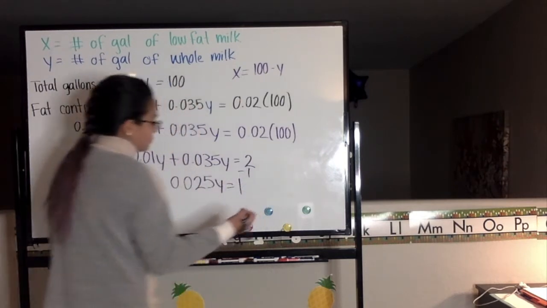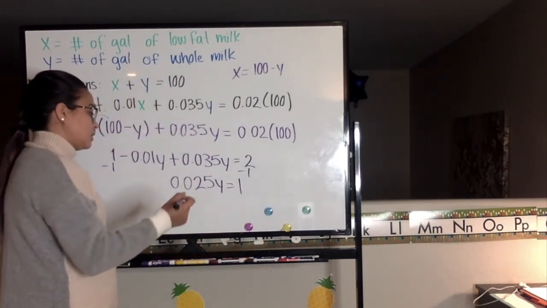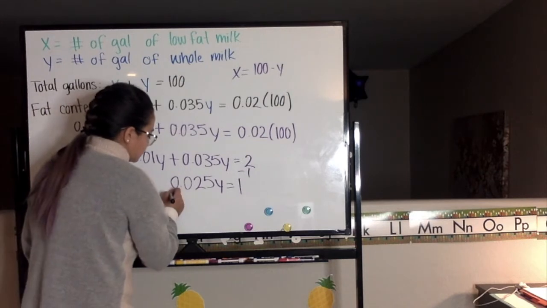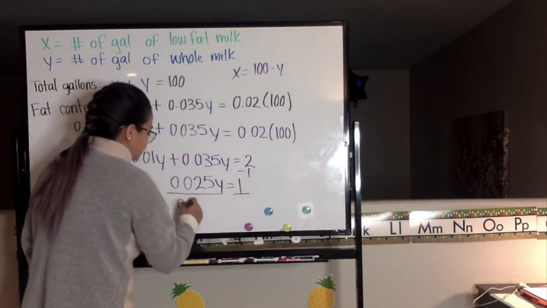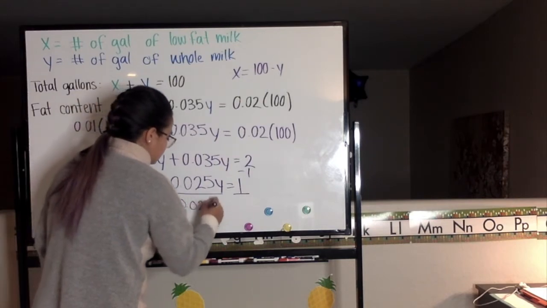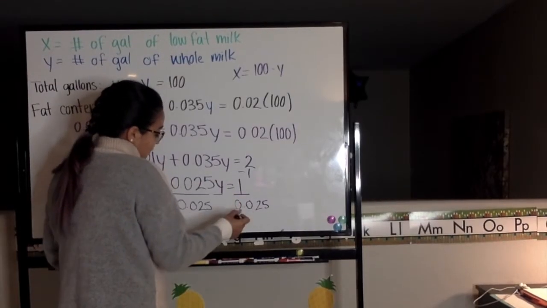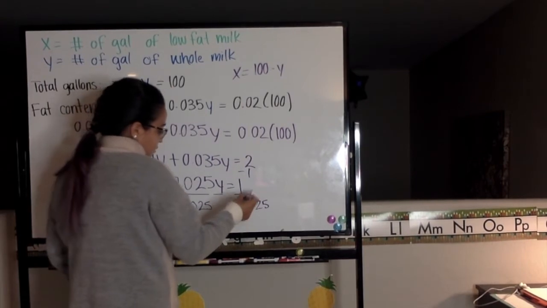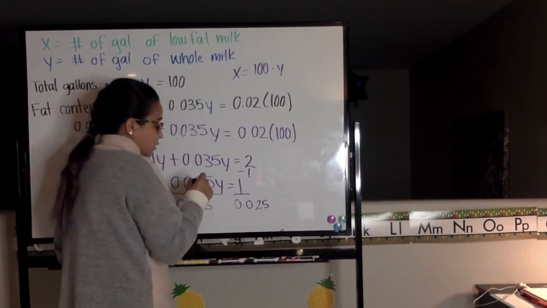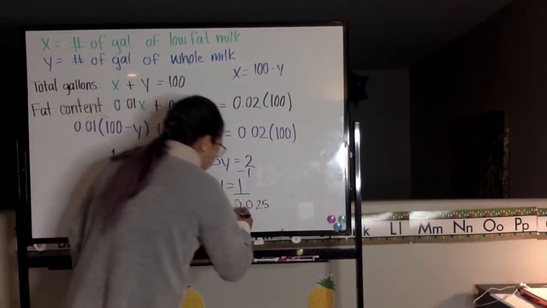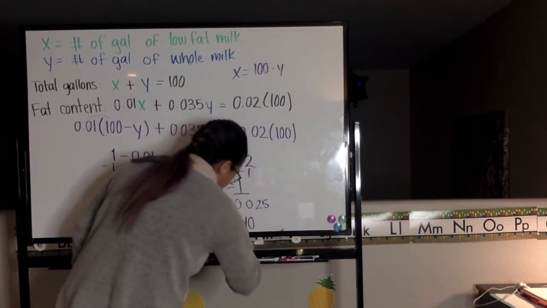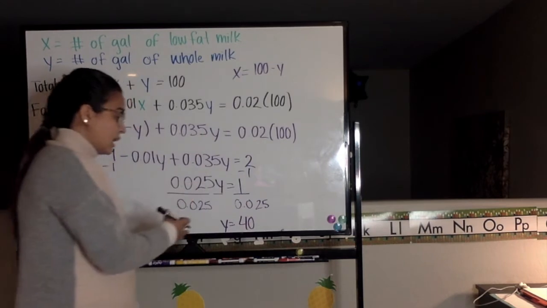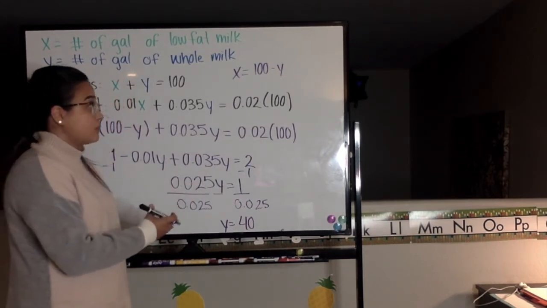That's going to give us a positive 1. Now we are going to be dividing. When dividing, we know that 0.025 goes into one whole 40 times. So now we know that Y is equal to 40.